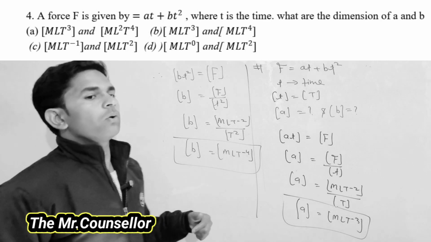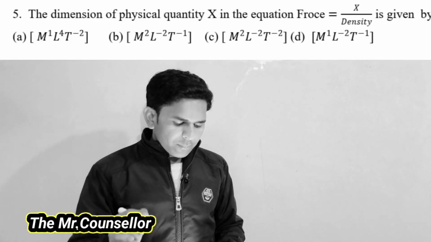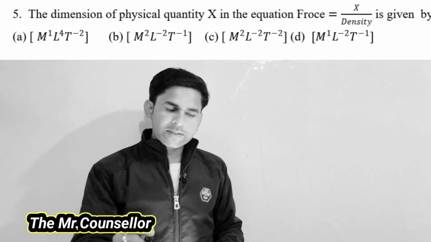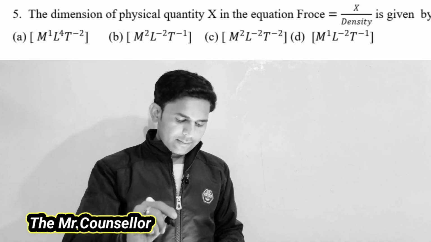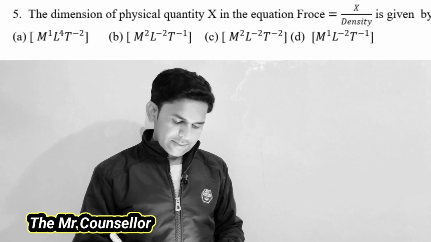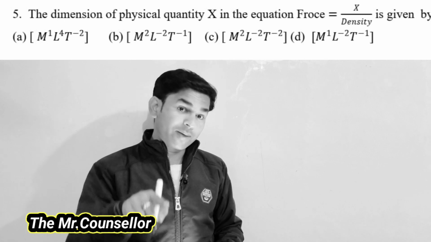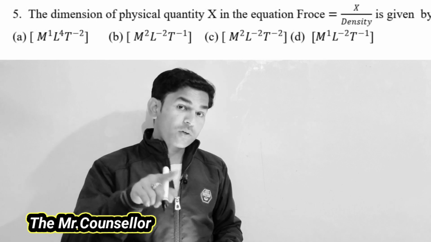Okay, now we are going to learn the next question. The dimensions of physical quantity x in the equation force is equal to x upon density is given by. They are asking the dimensional formula of x.